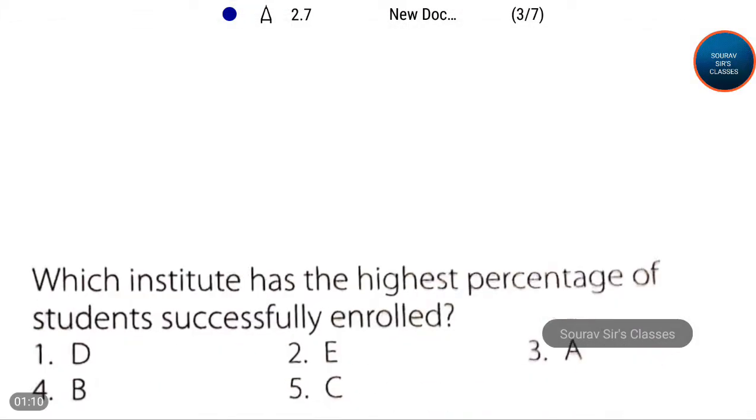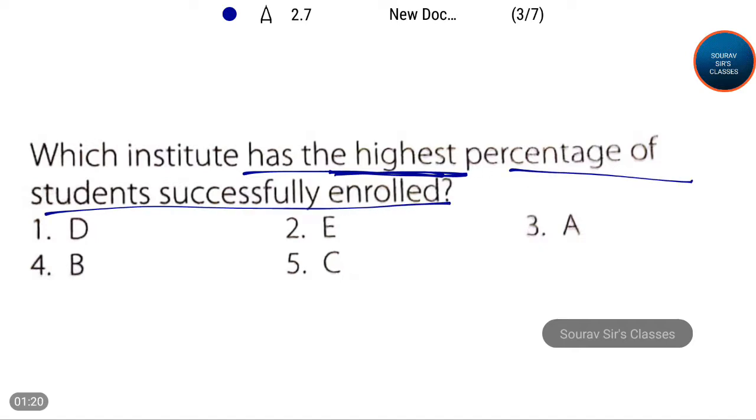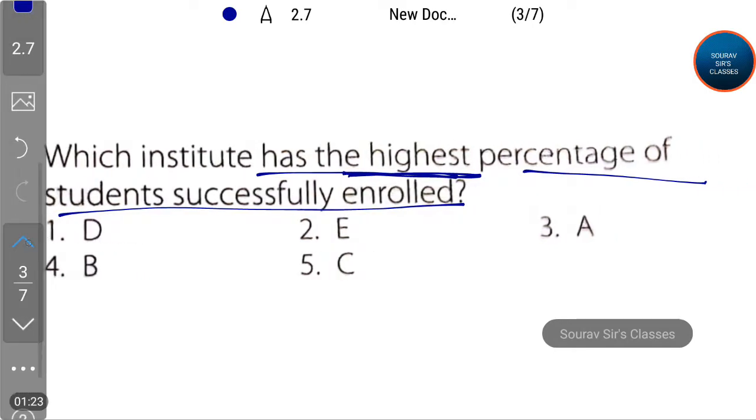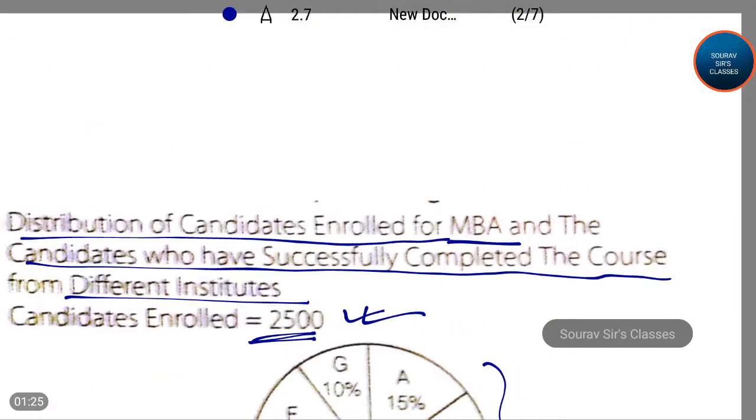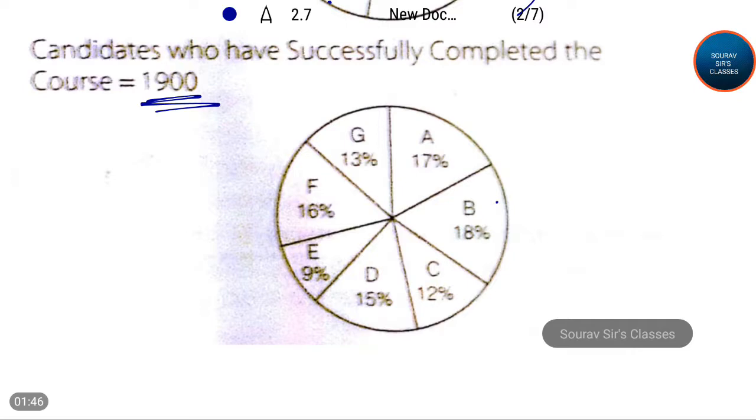The first question is, which institute has the highest percentage of students successfully enrolled? From the pie chart, it's very obvious that the maximum enrollment is from B, that is 22%, and the maximum successful candidates is from B, that is 18%.